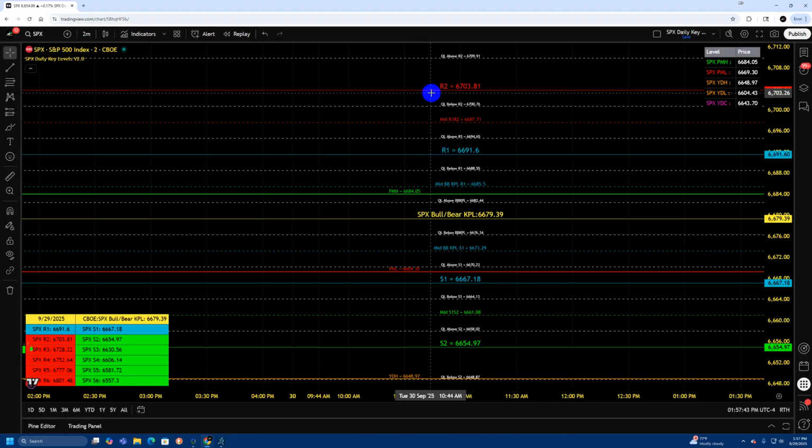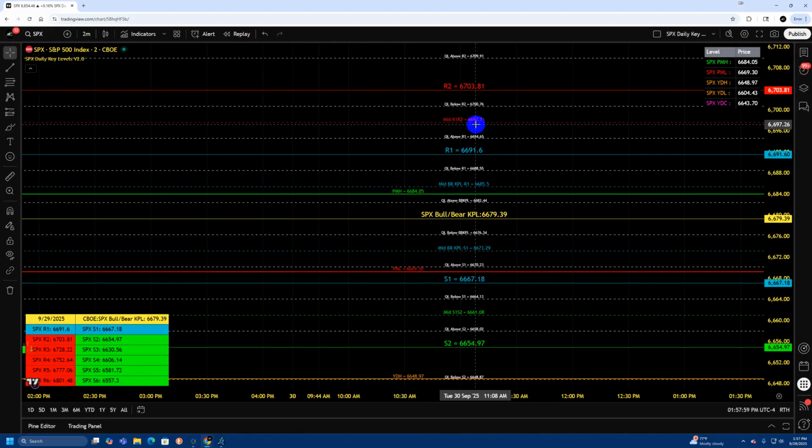If we were taking a bullish trade on a breakout above R2, then our tight stop loss is QL below R2, and our standard stop loss is going to be the first midpoint below R2, which is mid R1, R2.